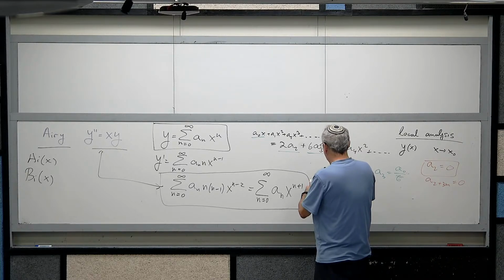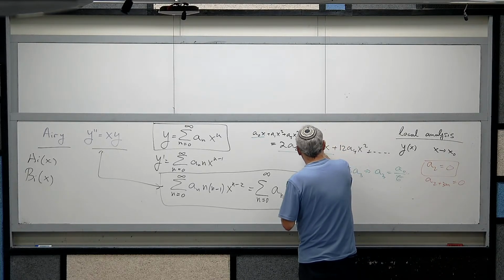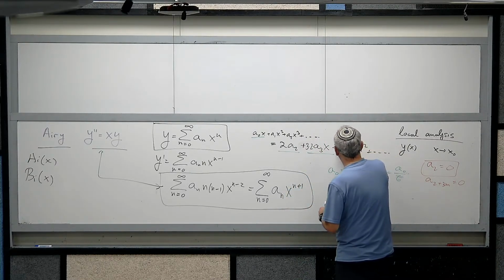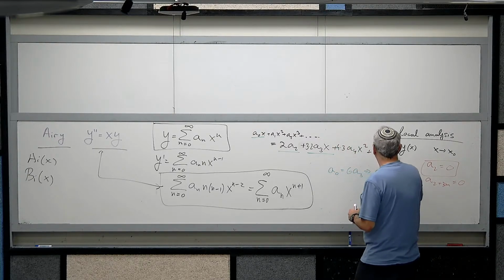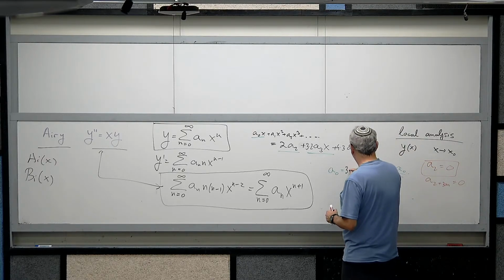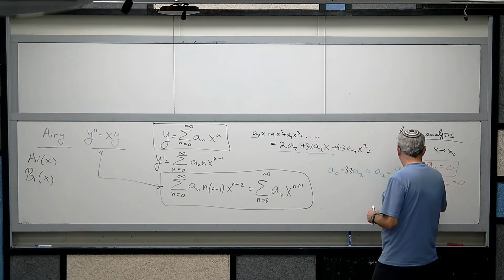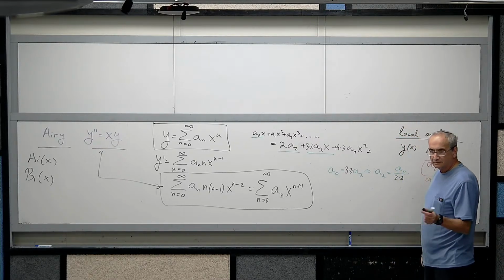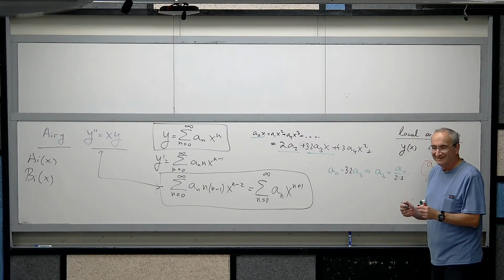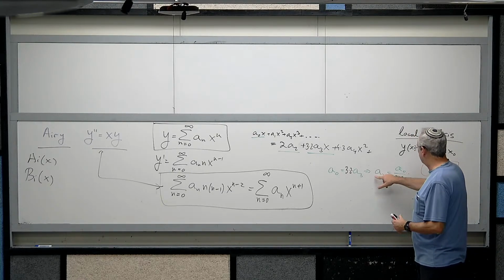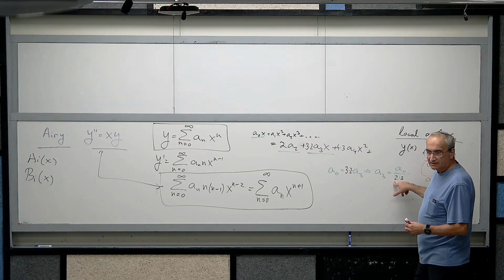So I'll write here 3 times 2 times a3, and by the same token 4 times 3 times a4, and so on and so forth. So this is 3 times 2 times a3. So a3 is a0 divided by 2 times 3, which is 6.